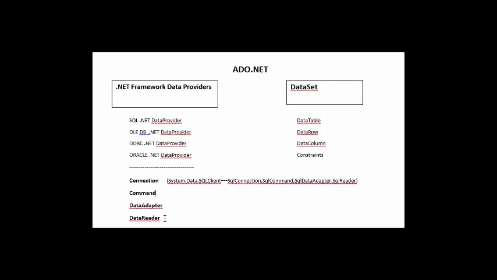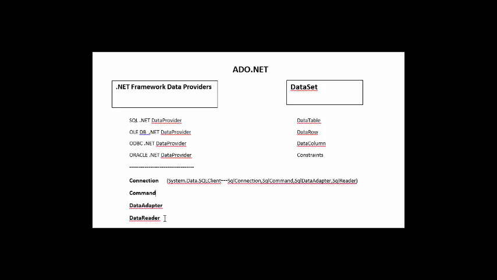And the DataReader object provides a high performance stream of data from the data source. Actually, DataReader is read only and forward only. Then the DataAdapter provides a bridge between the DataSet object and the data source.